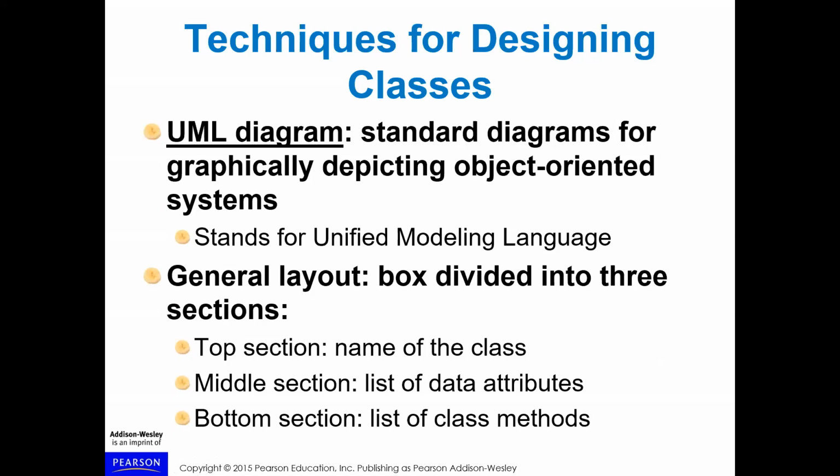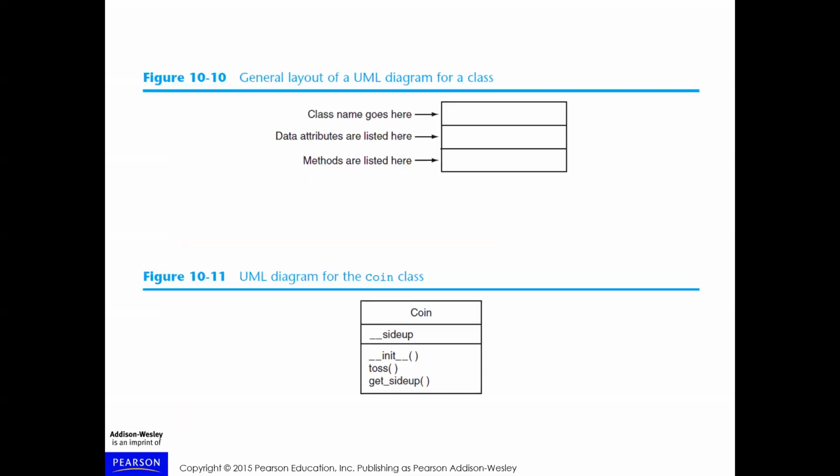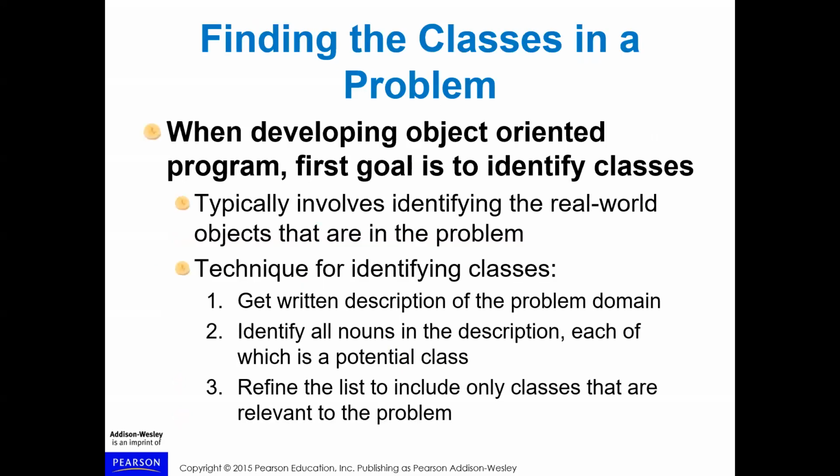I'm only getting you into classes, so I don't want to overwhelm you. This just talks about the general layout: a box divided into 3 sections, top, middle, and bottom, where you have the name of the class, the list of data attributes, and the list of class methods. You can see that there. But as I said, this is not something that I'm going to stress so much.